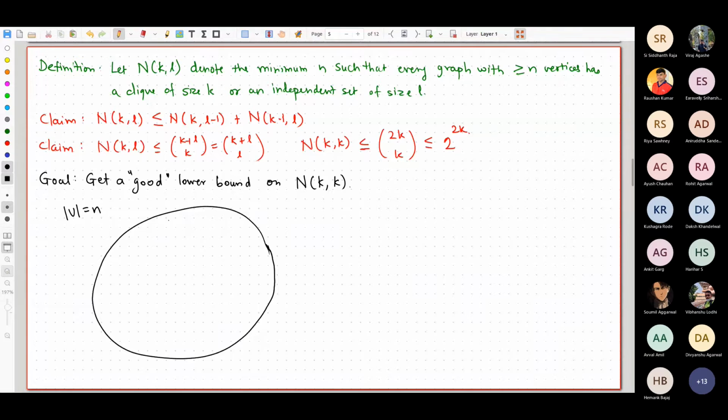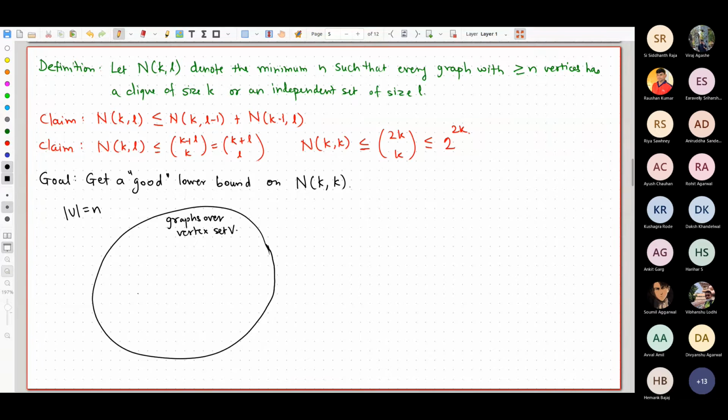This is the set of all graphs over vertex set V. Some of them are going to be bad graphs. What is a bad graph? A bad graph is a graph which has a clique of size k, or an independent set of size k. We want to prove that there exists at least one good graph.